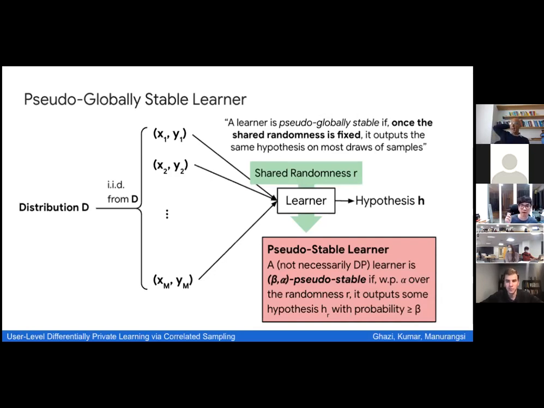And there is also alpha, the probability that you succeed over the shared randomness R. Here you can think of alpha as a constant. It doesn't matter too much for the remainder of this discussion. So mostly beta is the parameter that we care the most about. Actually, we can push both alpha and beta arbitrarily close to 1.